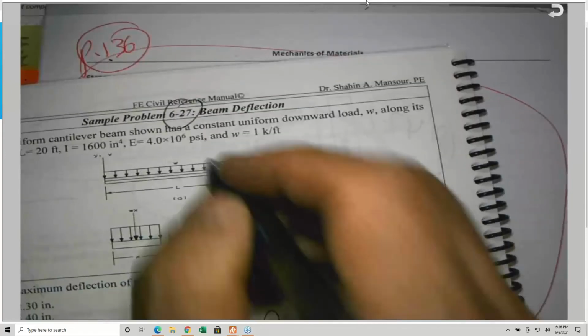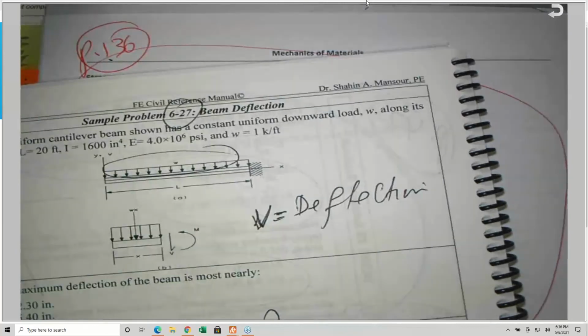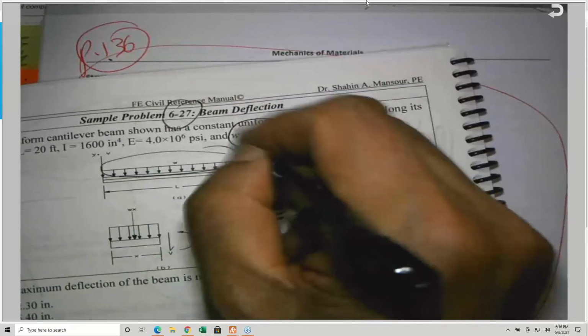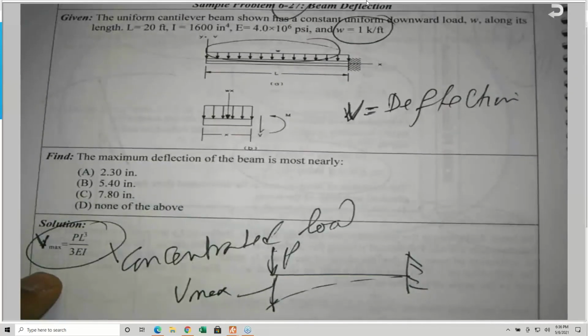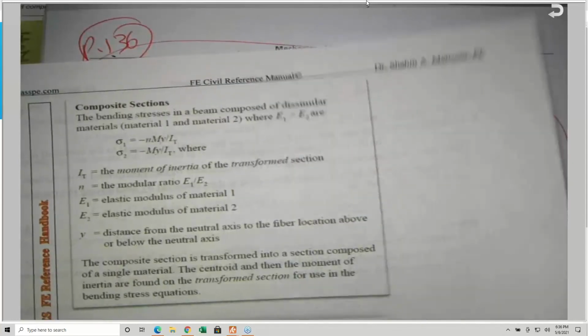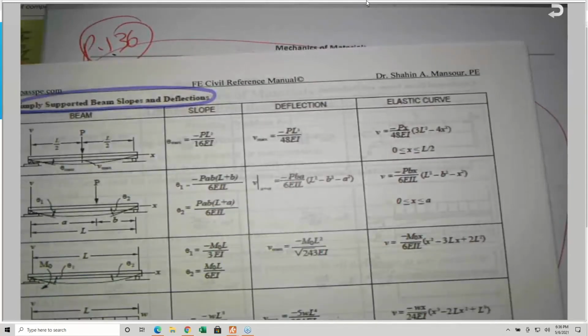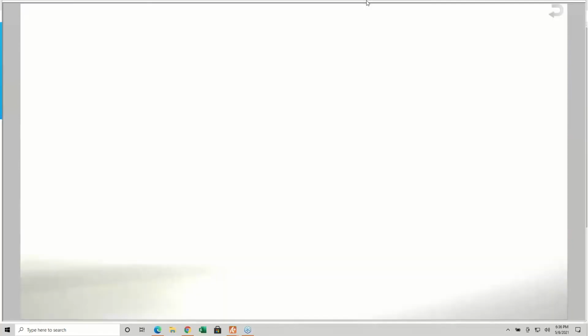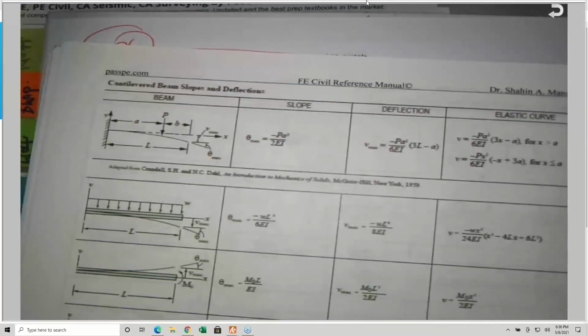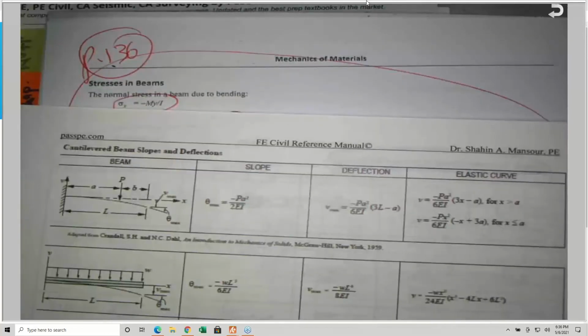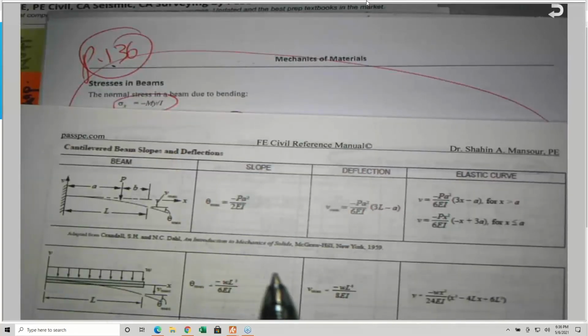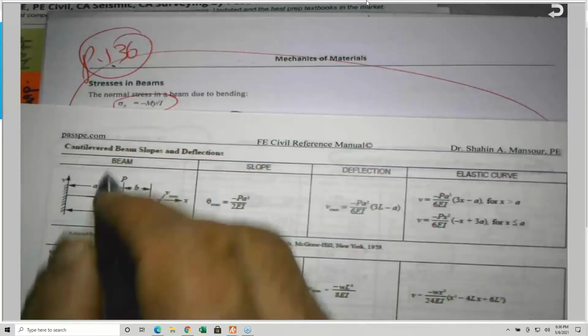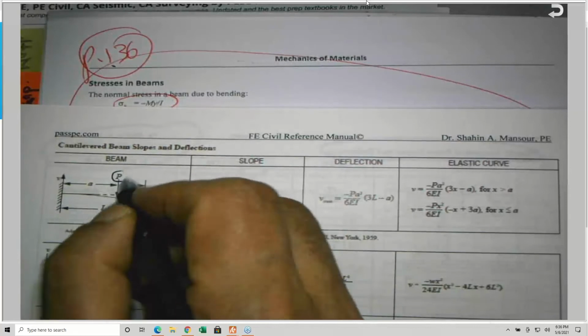But he gave me a distributed load, W. W is given to be 1 kip per linear foot. So I put this equation intentionally, to say, wait a second, are you going to figure this out? Yes, you should. Because if you look at the equation they provided for the cantilever beam, which is this one here, and the reason I put it over there, this is a cantilever beam, but the P is not at the free end.